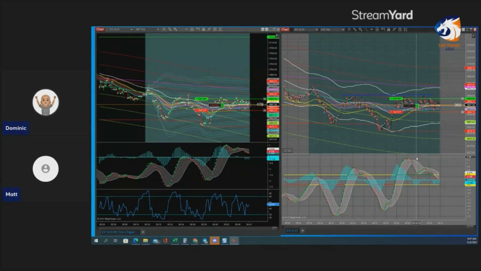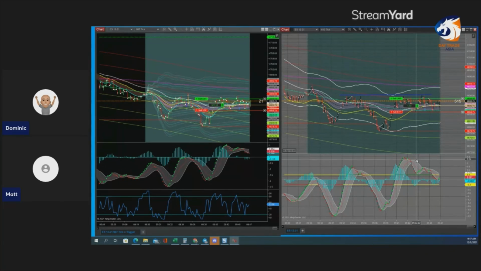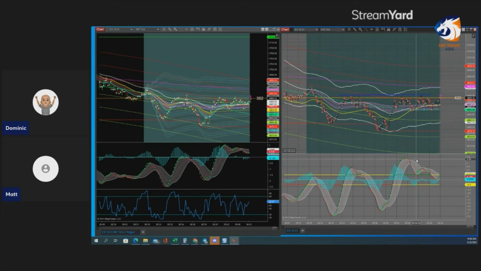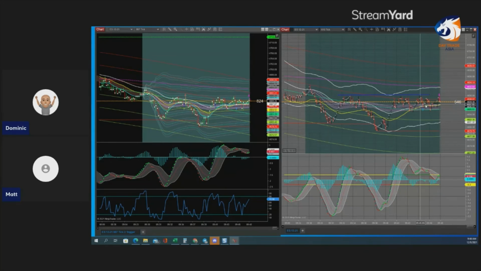It's right at the VWAP, doing nothing. Order filled. There we are. Oh, nice. I'm not scared of losing 2 points because we can always make it up.